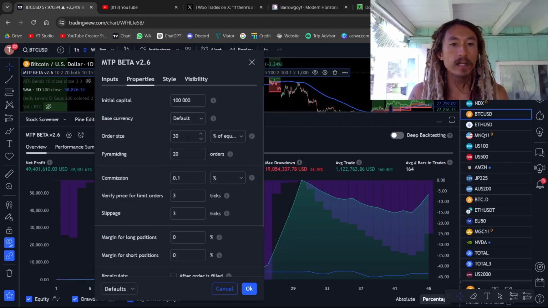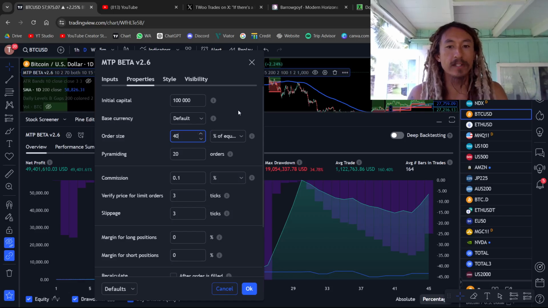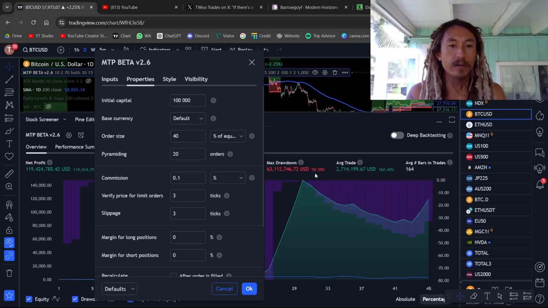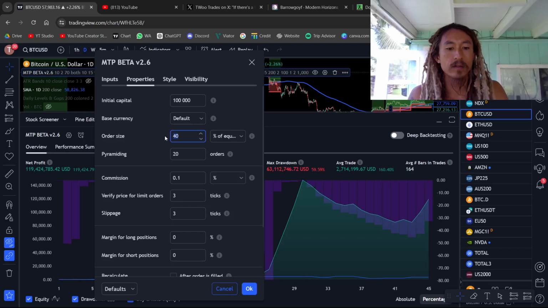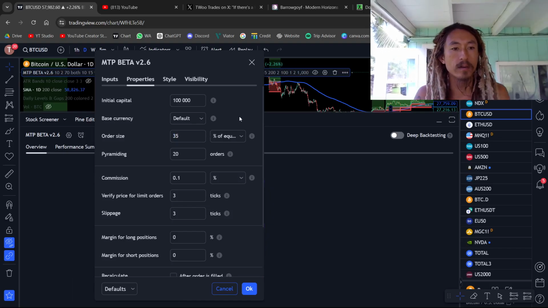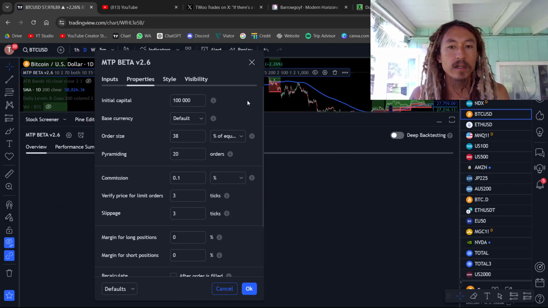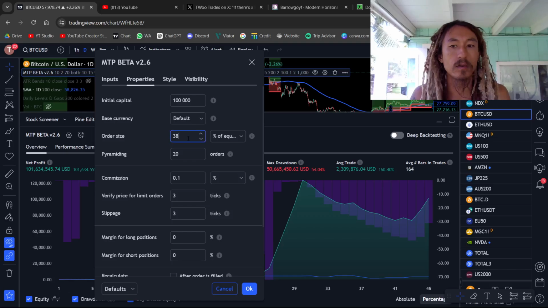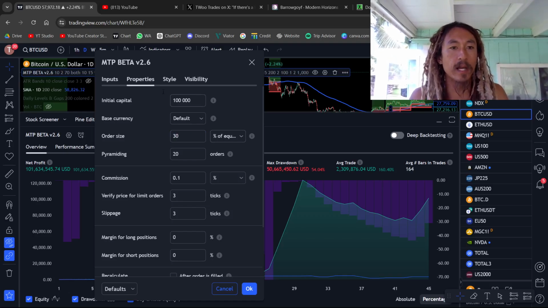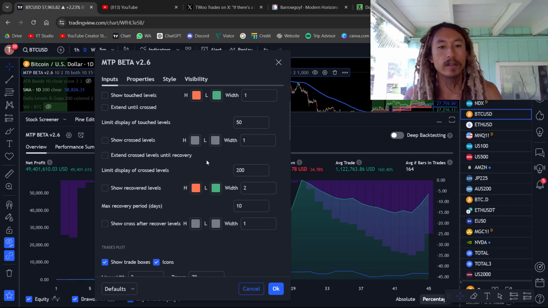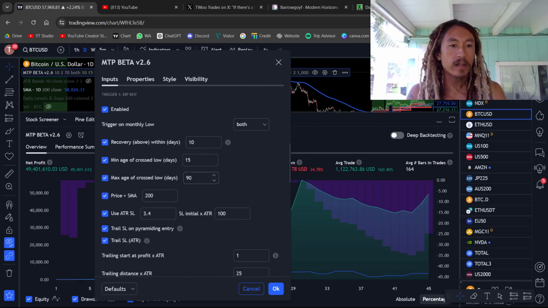49,000. Okay, interesting. Let's increase the position size to match the drawdown, which was about 55%. Interesting, it looks like it possibly is helpful. It looks like the SMA filter actually is useful on Bitcoin.